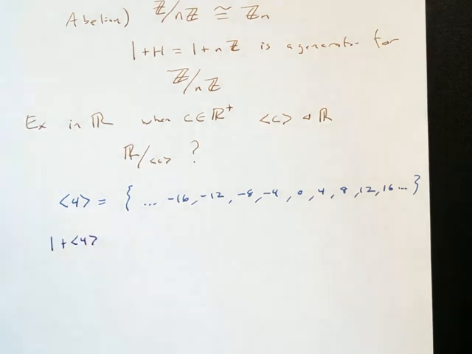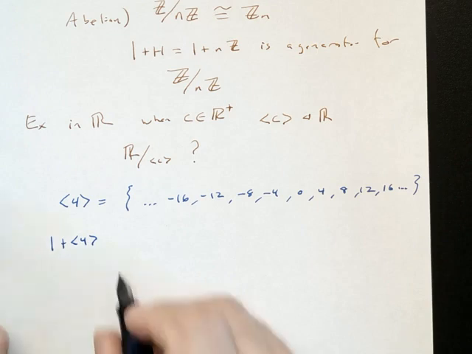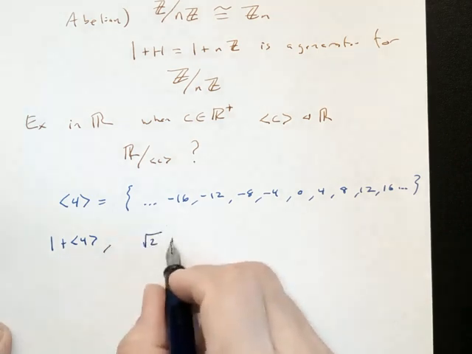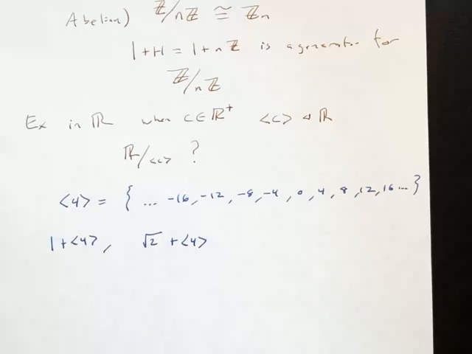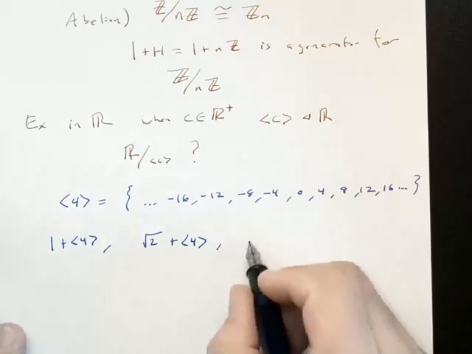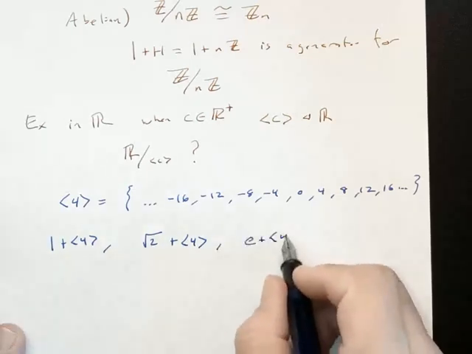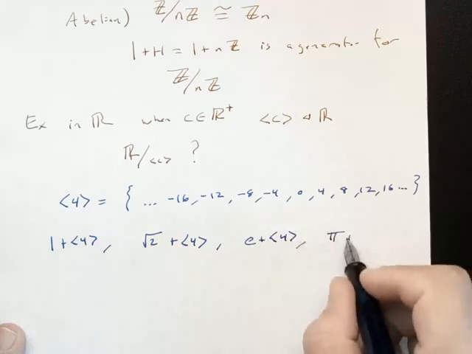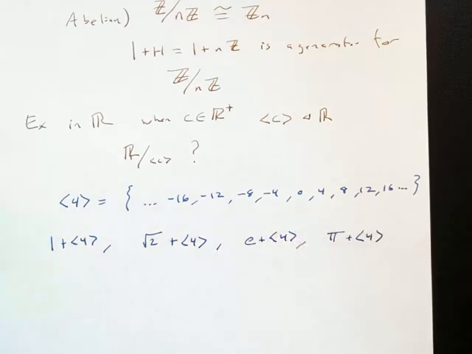But since I'm using real numbers, I could have any number out there, not just an integer, right? Anything I want.